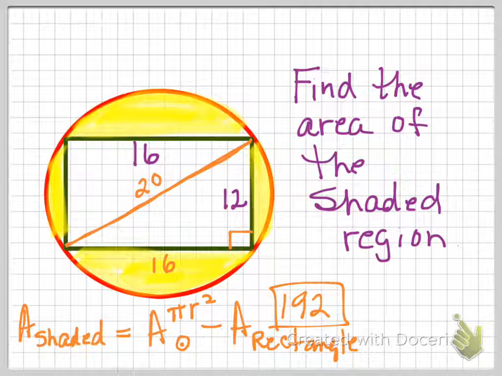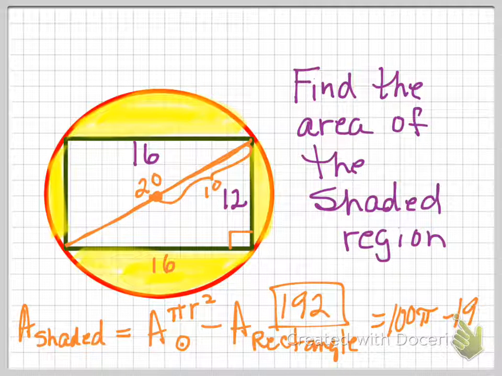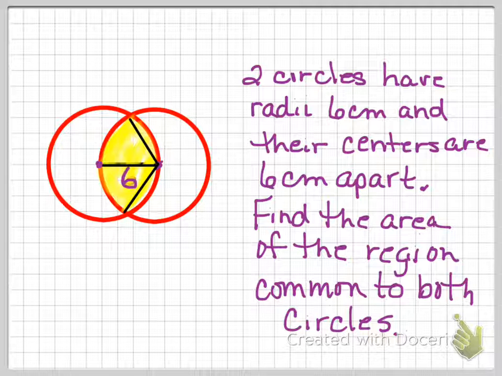Check it out. So that means then my radius is 10. So 10 squared is 100. So the area of my shaded region equals 100 pi minus 192. And that's how we're leaving these in terms of pi.